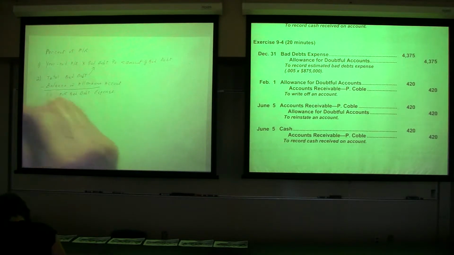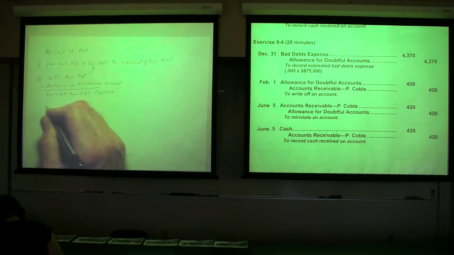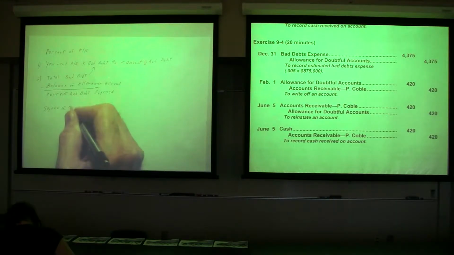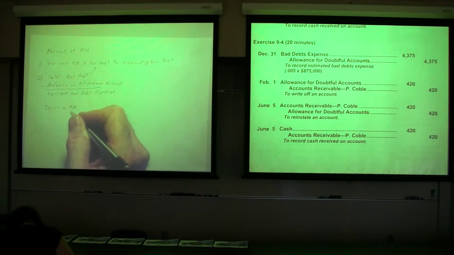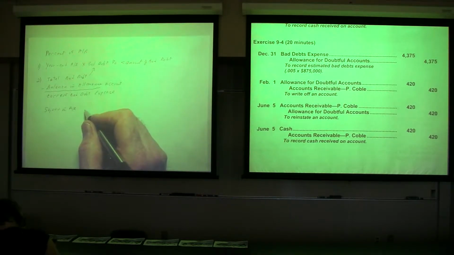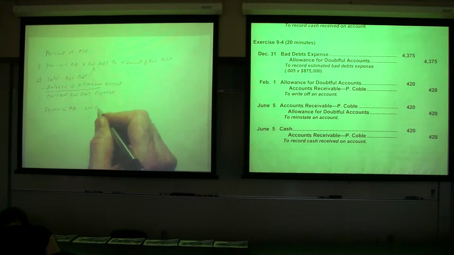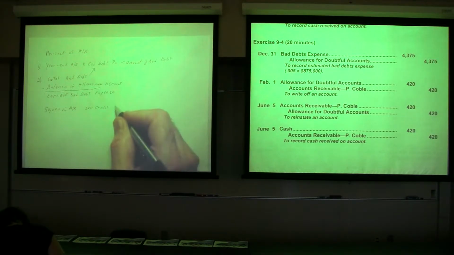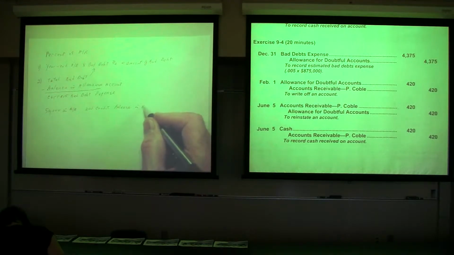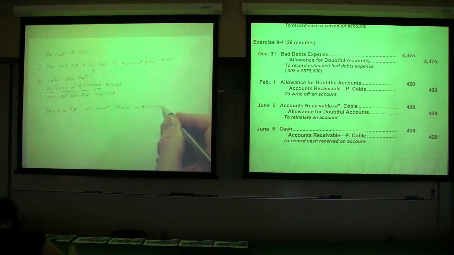So in this particular business, there's $50,000 in accounts receivable, okay? And there's a $200 credit balance in the allowance for doubtful accounts.